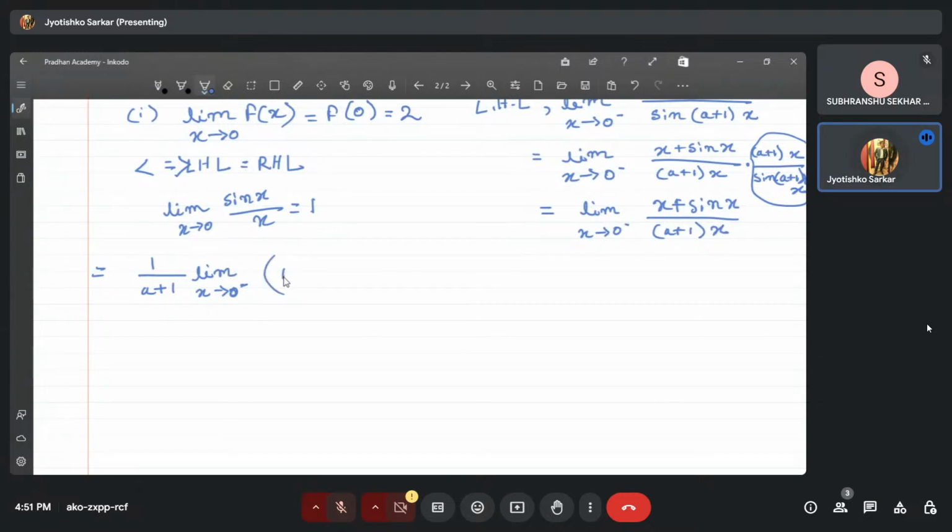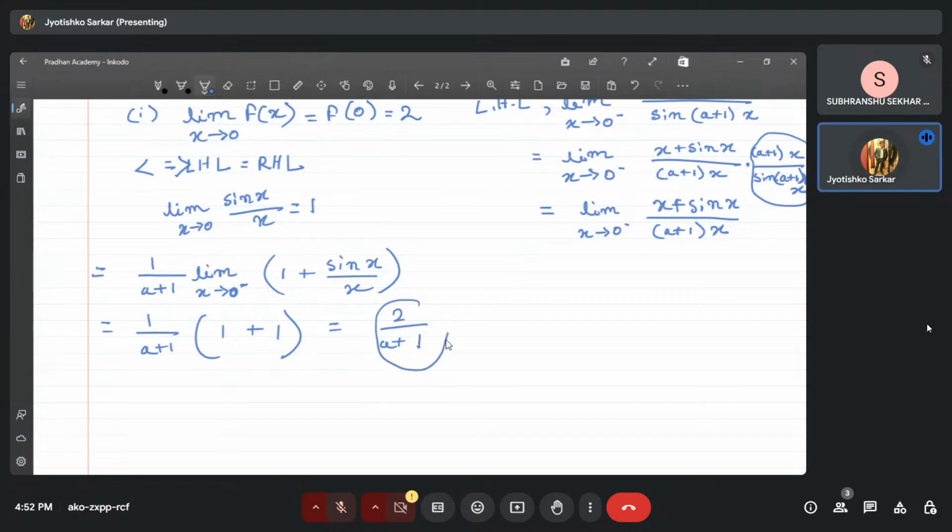It will become 1 plus sin x by x. Now, as 1 is constant, it will return also a constant value 1, and this limit of sin x by x at 0 is 1. So it is 2 by (a plus 1). Now this is our left hand limit.